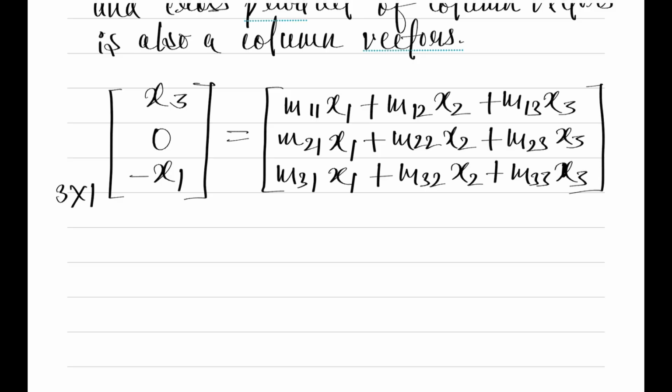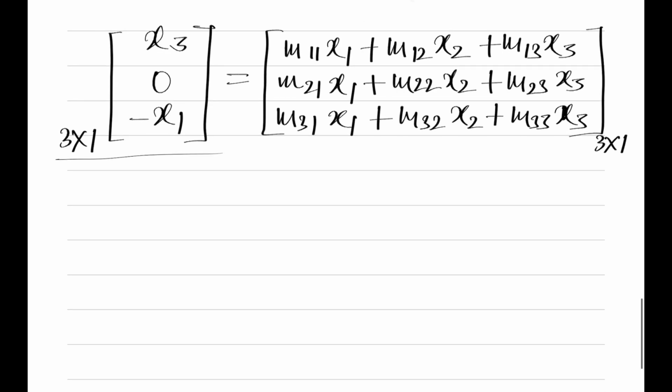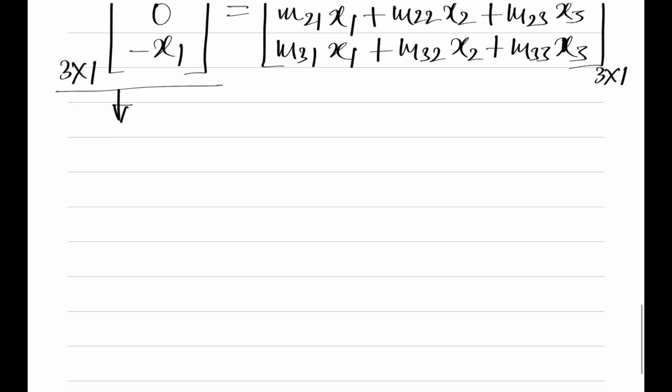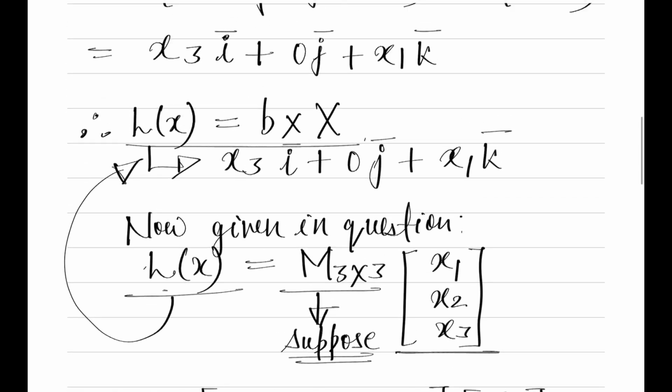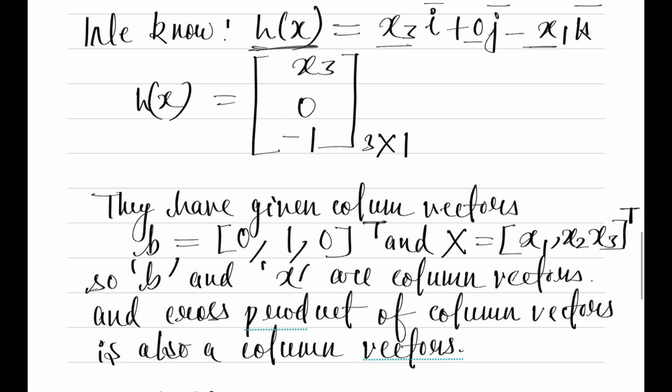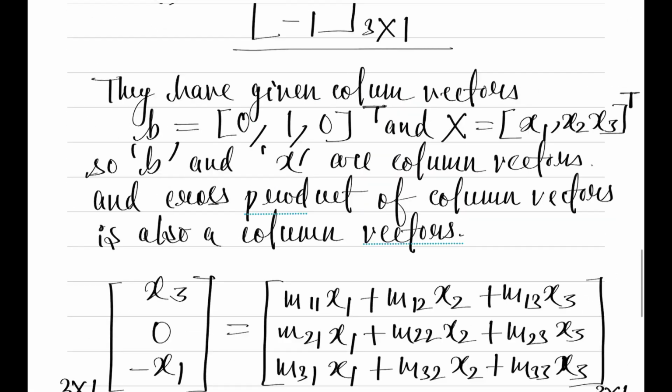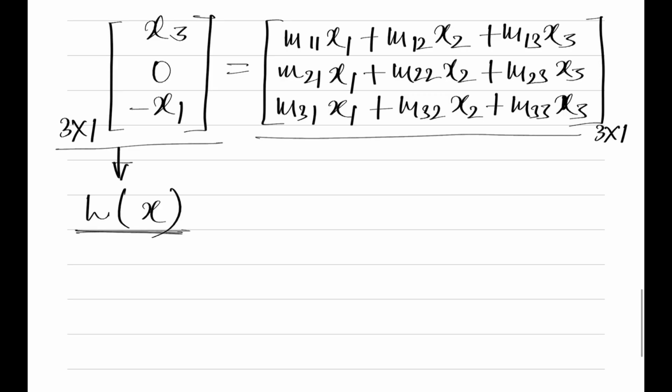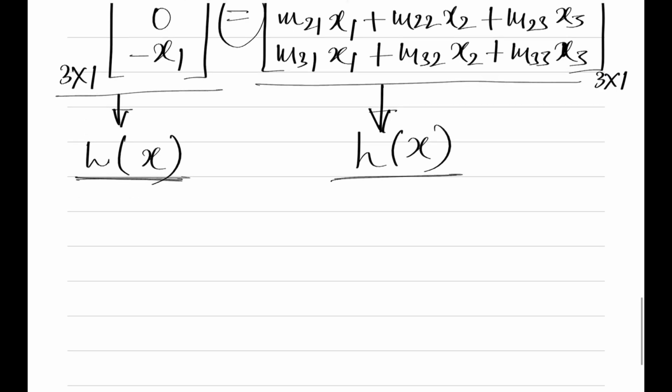This is a 3 cross 1 matrix and this is also a 3 cross 1 matrix, and this is our Lx, which we already know. We have written Lx as a column vector. They both are equal, so we have equated.